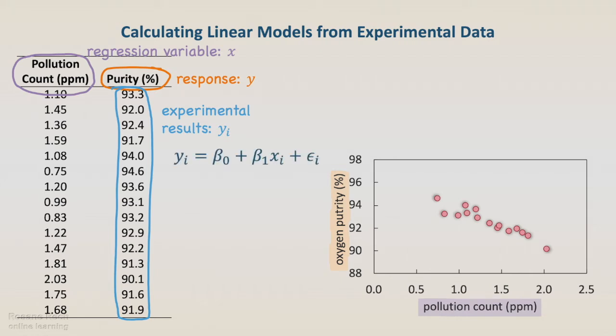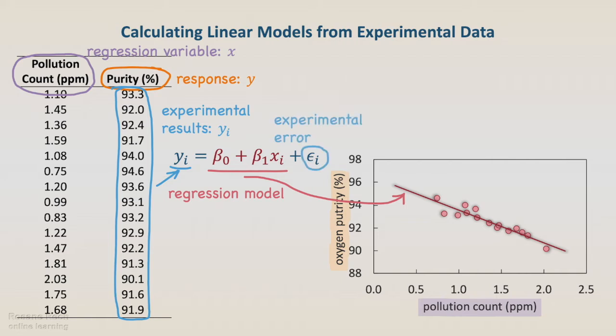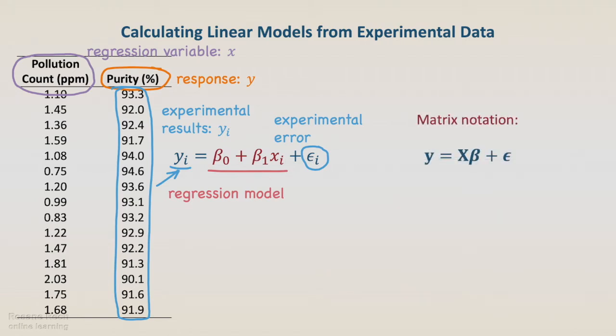Each individual observation, yi, is represented by the regression model, beta 0 plus beta 1 x, plus an experimental random error, epsilon. As we have 15 experimental observations, instead of writing 15 equations, one for each observation, we can use matrix notation for summarizing the data.